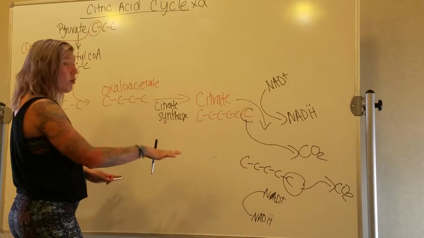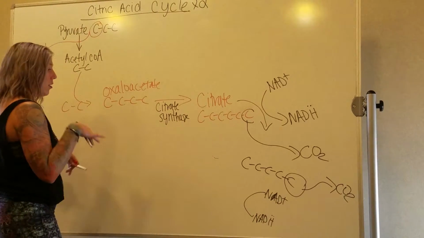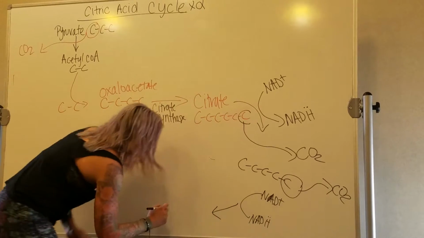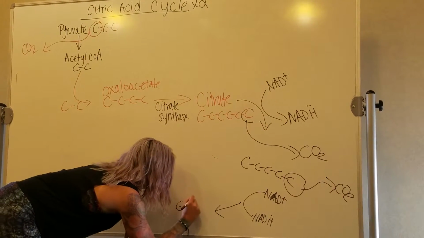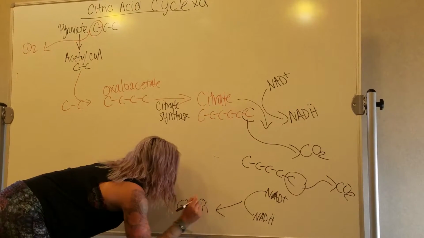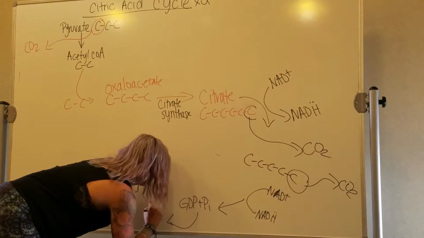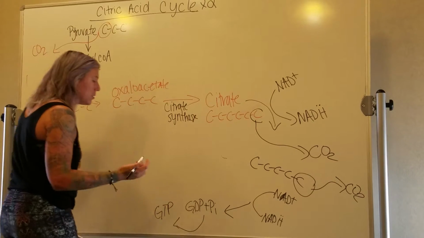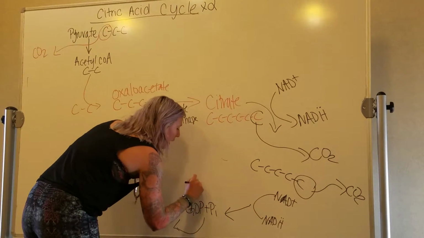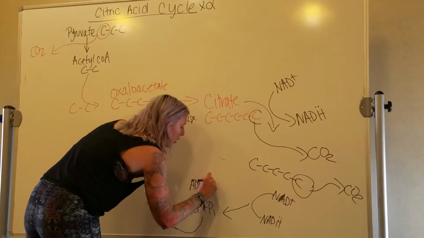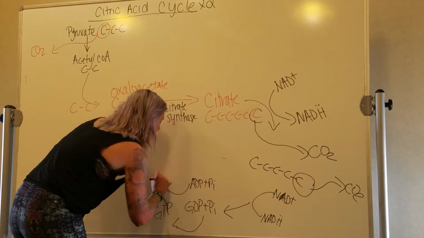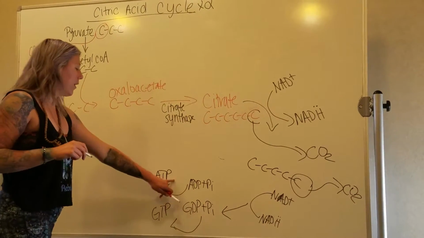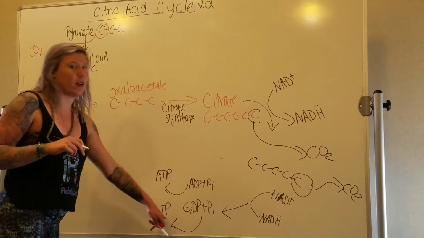I'm going to keep writing 4 carbon chains just so you know that they kind of evolve into different types of sugar. But down here you go GDP plus an inorganic phosphate yields GTP. Remembering that this is a nucleotide, and it's basically the same thing as doing ADP plus an inorganic phosphate yields ATP. Adenosine triphosphate, guanosine triphosphate.